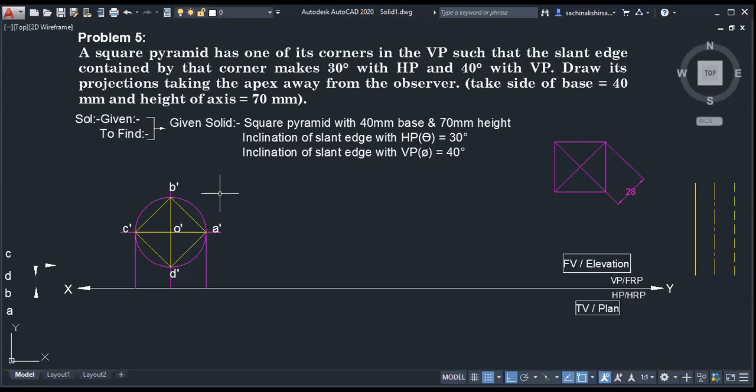Now you can take projection. Now, how much axis length is given? 70 mm. So from the center, you can draw a 70 mm line, the axis line we can say.